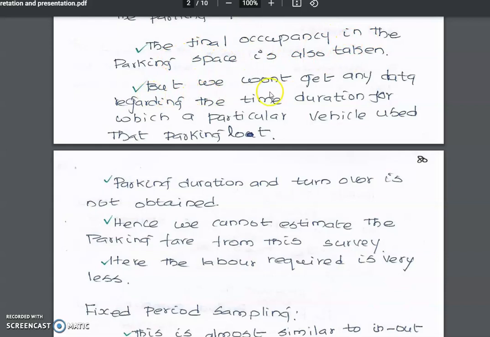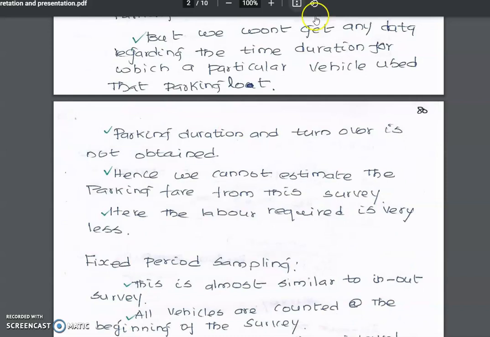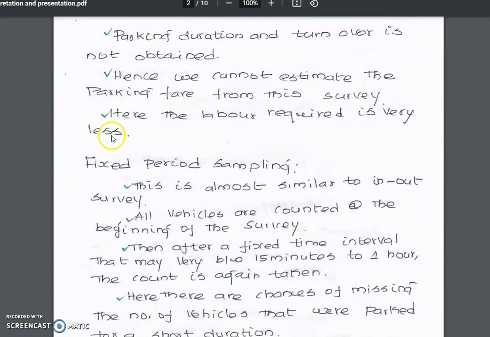But we won't get any data regarding the time duration for which a particular vehicle used that particular lot. So the parking duration and turnover are not obtained. Hence, we cannot estimate the parking fare from this survey. Here, the labor required is very little.